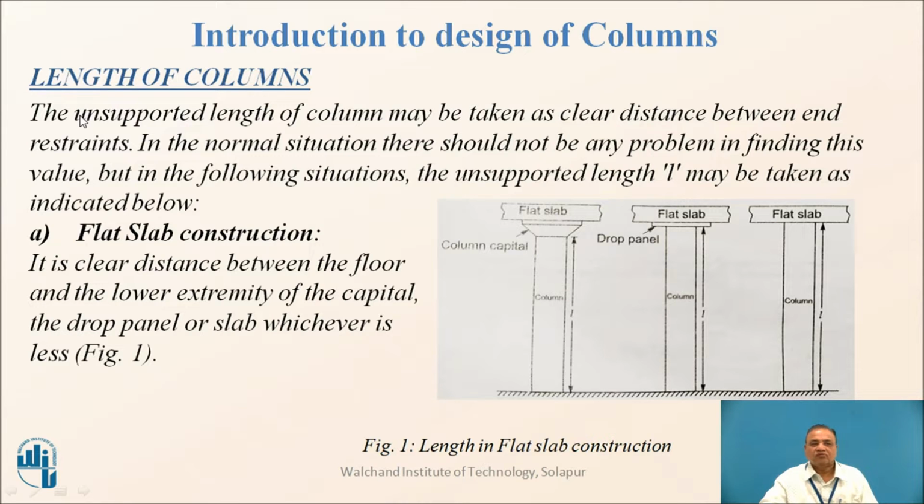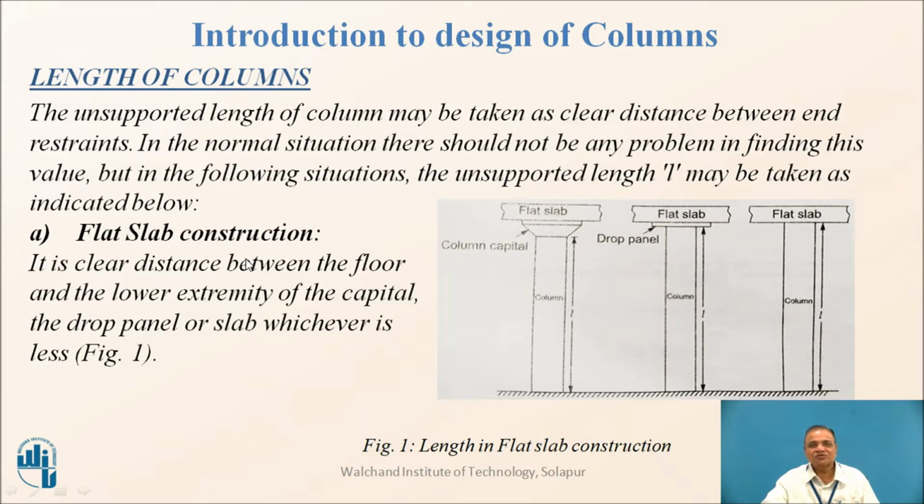Then we are supposed to see what is the unsupported length of column, because we require unsupported length for considering effective length. For the unsupported length of column, the first case is the flat slab construction. Flat slab is one wherein you have only a slab resting directly on the columns. I will not read the slide because it will take more time.